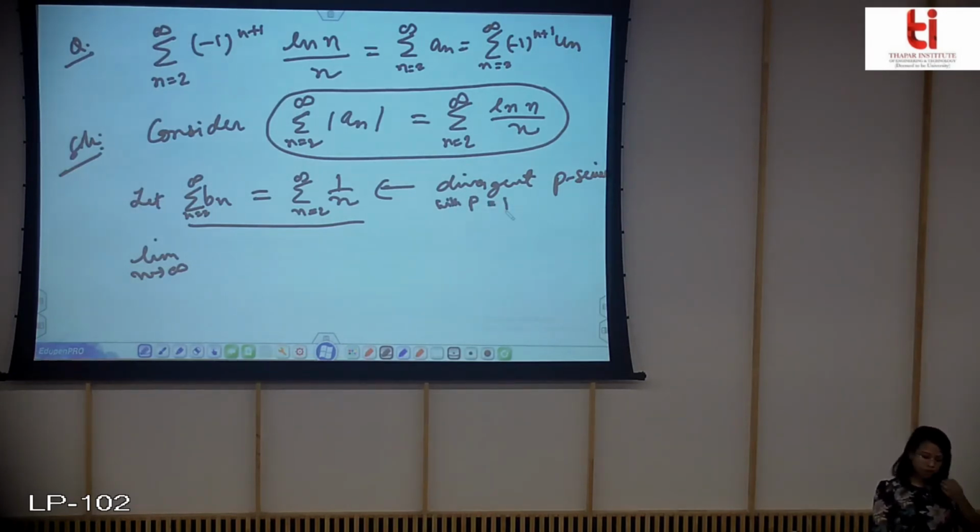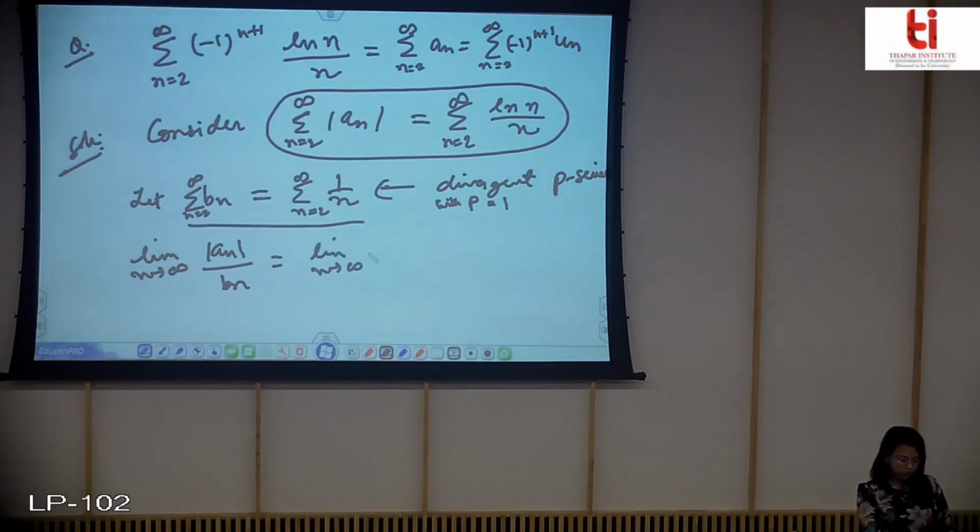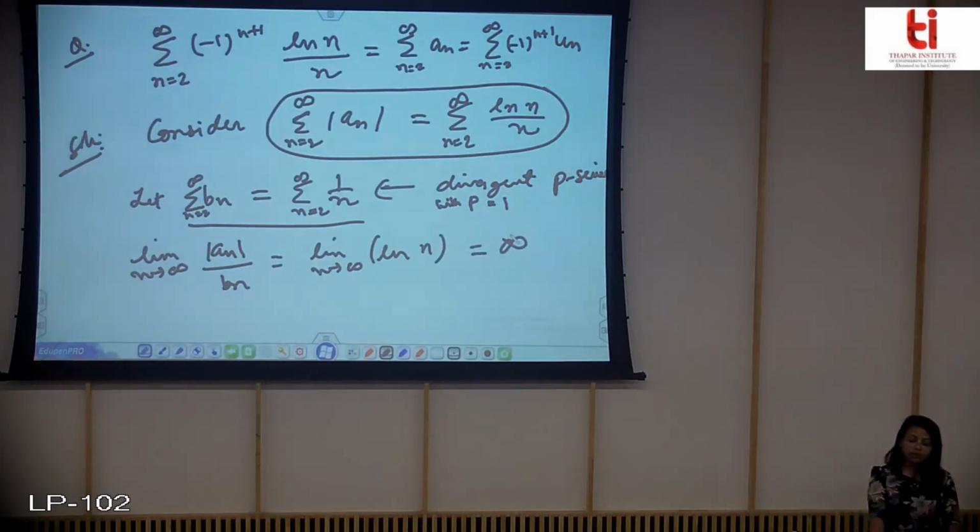You have already shown it as divergent by using integral test. Now if I find out mod of a_n by b_n, what will I get? I'll get limit n tending to infinity ln n, because n got cancelled out, and this will be equal to infinite. Now you can see that the value of the limit is infinite and b_n is divergent, and therefore mod of a_n will also be divergent.